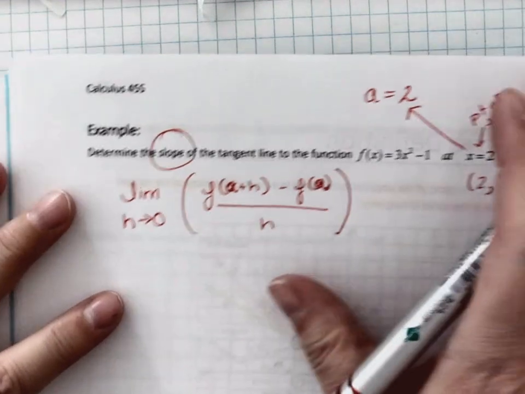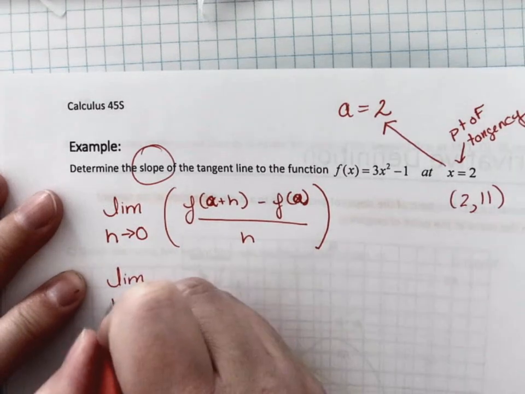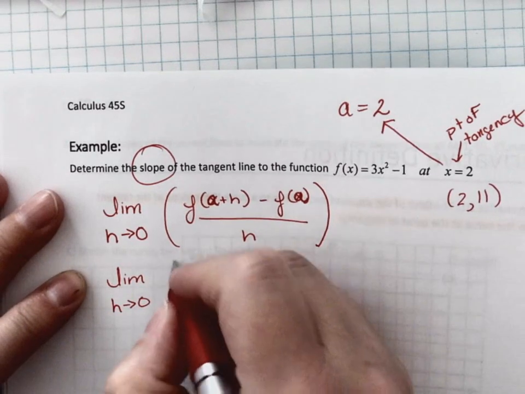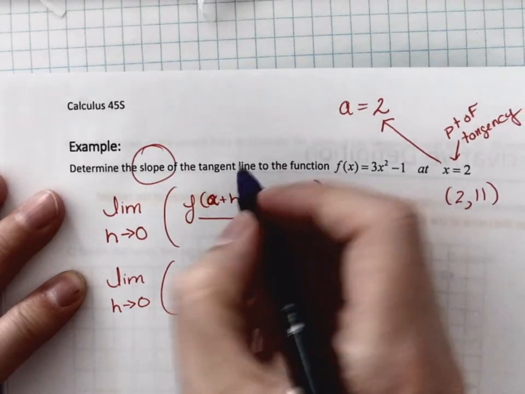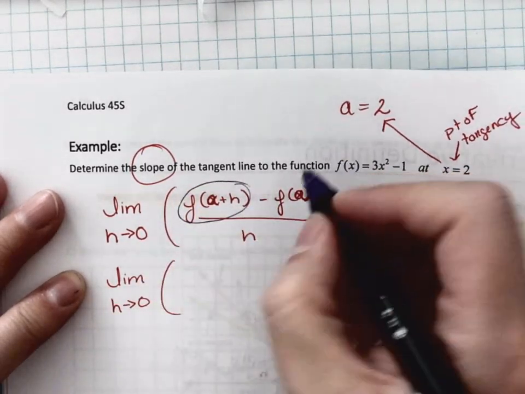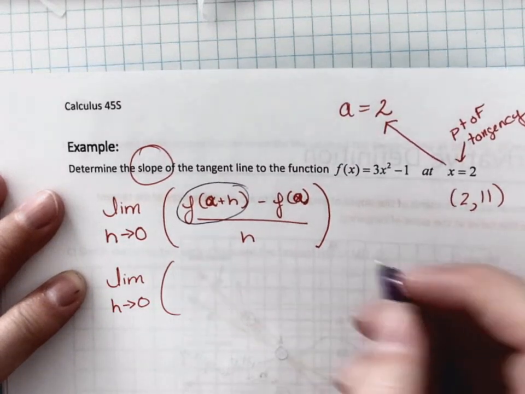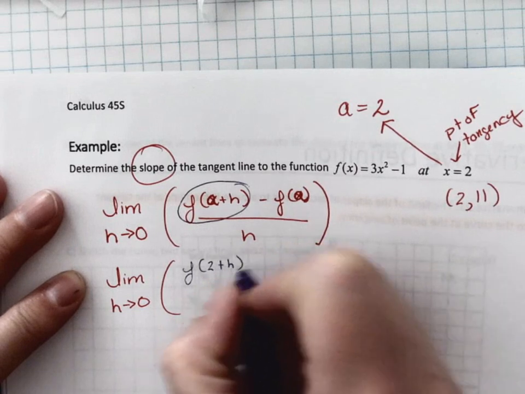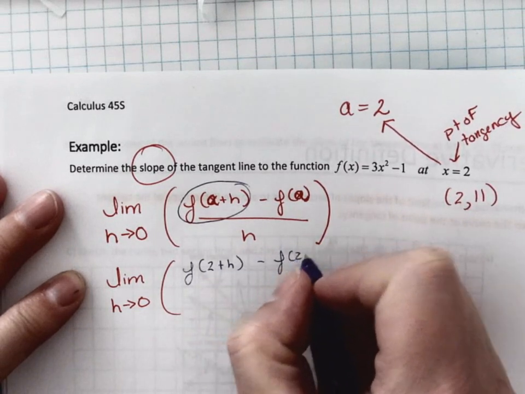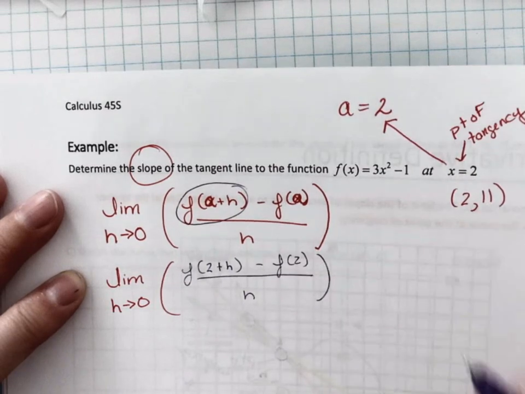So what I'm going to do is I'm going to substitute some values in. And I might switch pens because I want to use an erasable one. All right. So it's saying in this function, and what did we say A was? A was 2. So we have f of 2 plus h minus f of 2 all over h.